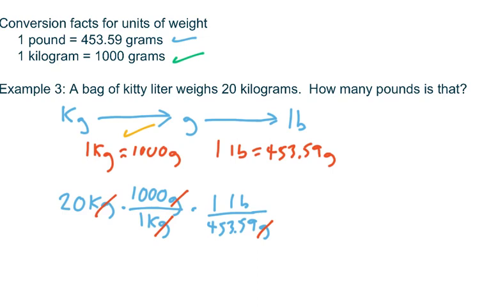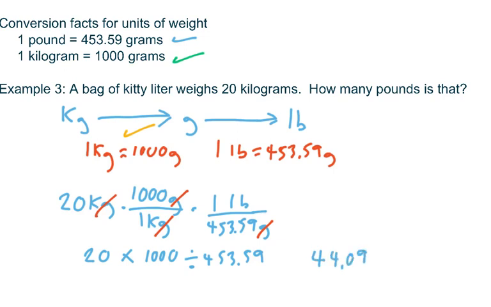The calculation: 20 multiply by 1,000 because the 1,000 is in the numerator, divide by 453.59 because that number is in the denominator. And again, you punch the buttons and you will get 44.09.